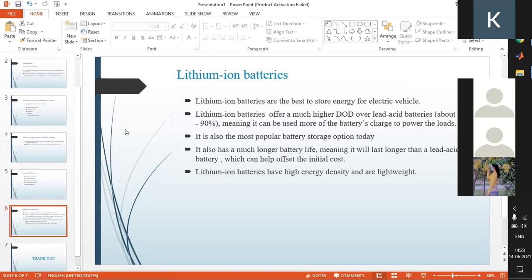The ion battery has high energy density and is lightweight. In other words, a lithium battery is a type of rechargeable battery, commonly used for portable electronics and electric vehicles, with a growing opportunity for military and aerospace applications.